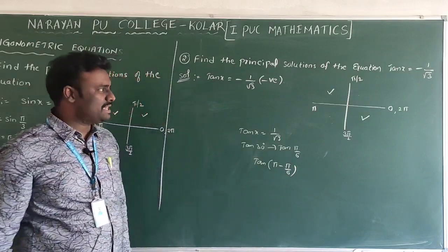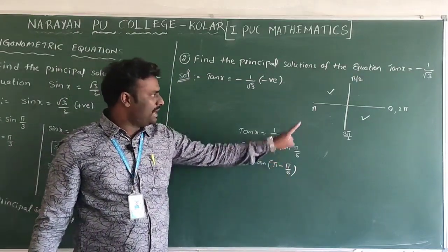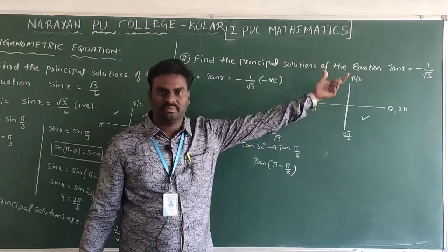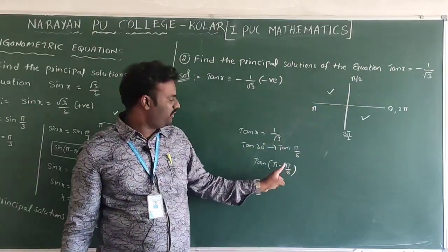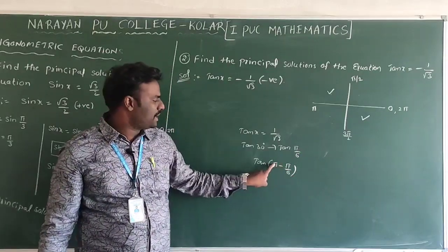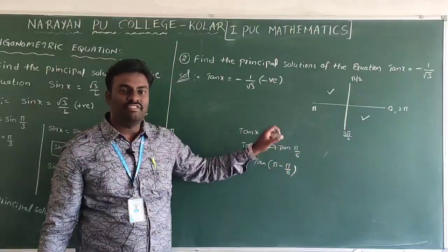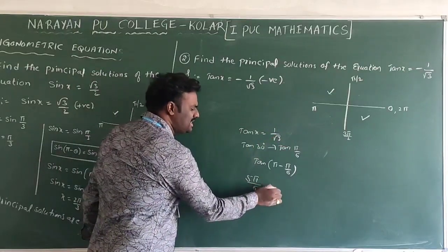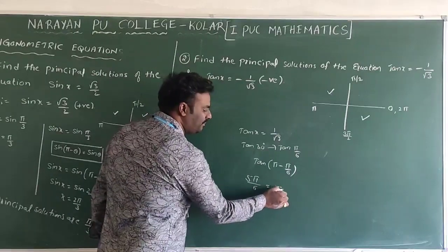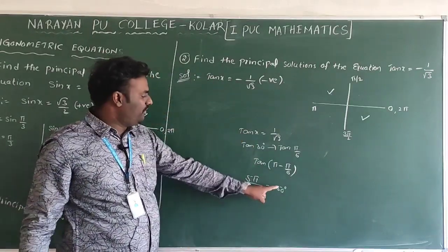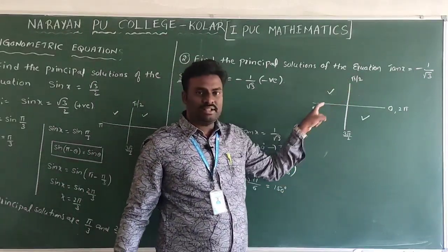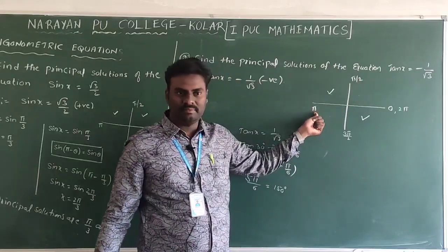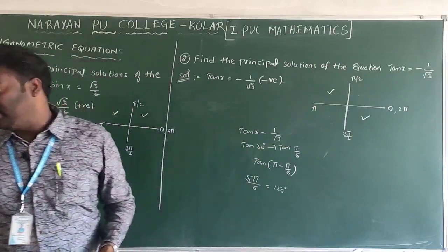Why pi minus pi by 6? Tan of 180 minus will go to which quadrant? Second quadrant. In the second quadrant tan is negative. Now pi minus pi by 6, if you simplify, what will you get? 6 pi minus pi, that is nothing but 5 pi by 6. 5 pi by 6 is nothing but 150. 150 lies in the second quadrant. Yes, the second quadrant range is 90 to 180. Okay, like that we can verify for the function.